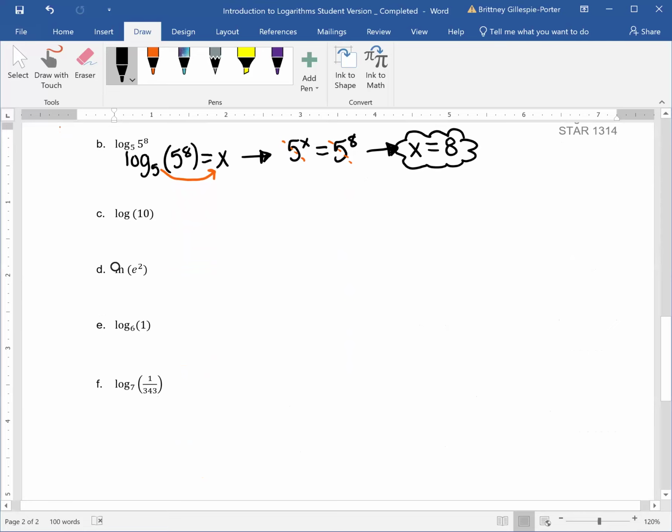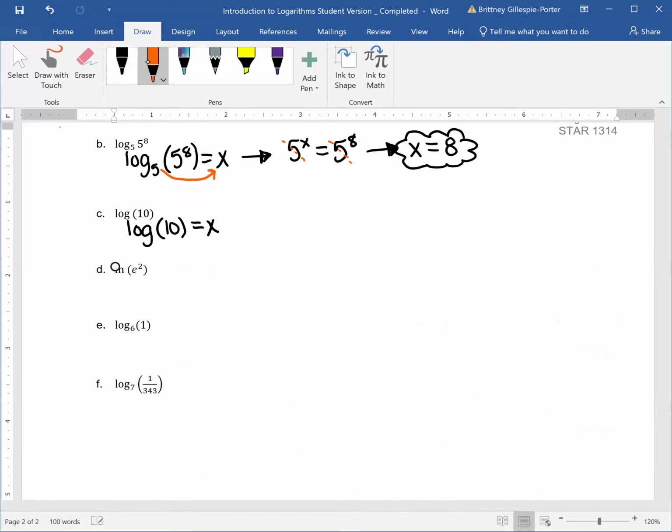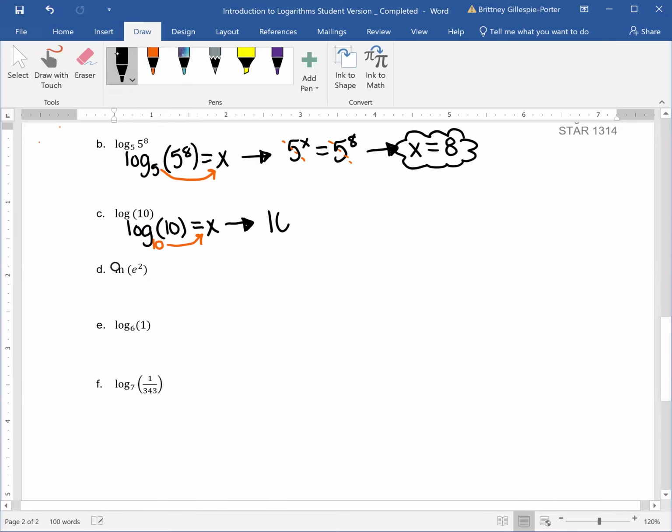Okay. Next one, give yourself an equation. So we have log of 10 equal to x. Remember, if you do not see the base, but you see the entire word log, that is log base 10. So when we rewrite it, we're going to have 10 to the x equal to 10.